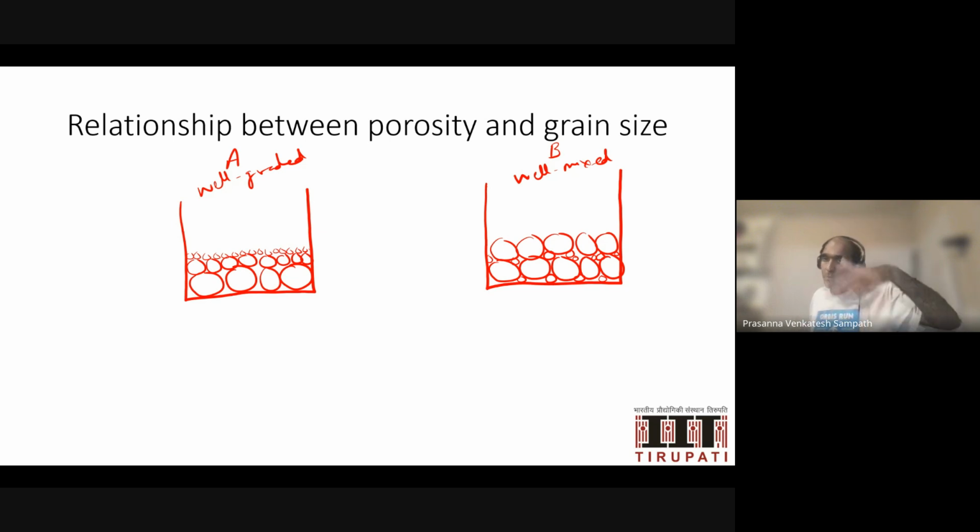The biggest particles at the bottom, next biggest above that, and so on. Now, I don't think I have to mention in this case what the relationship between NA and NB will be. Is it NA greater than NB, or NA less than NB, or NA equal to NB? What do you think? Option 1, option 2, option 3. Which will have greater porosity?